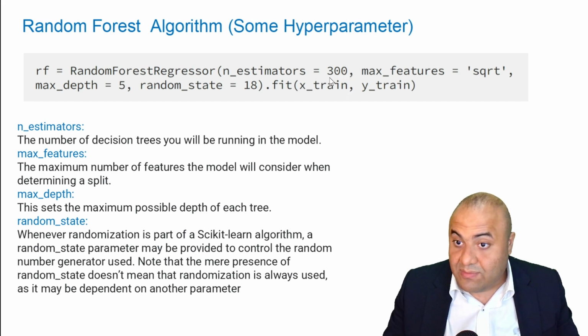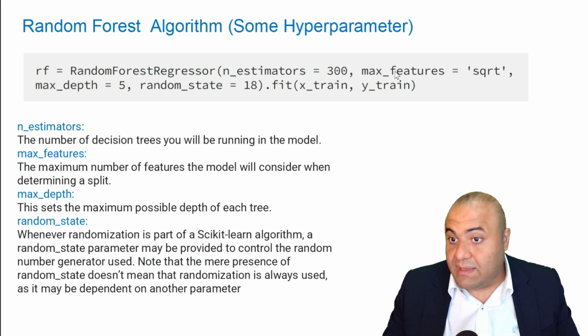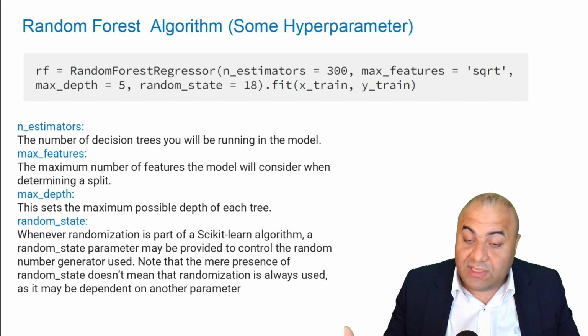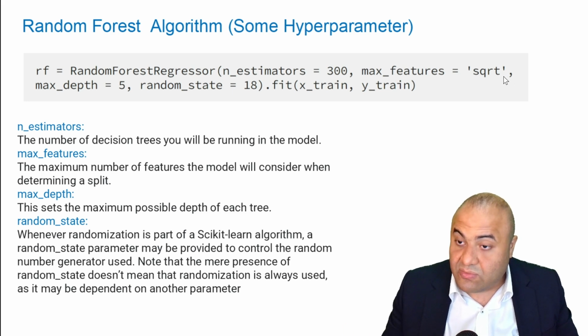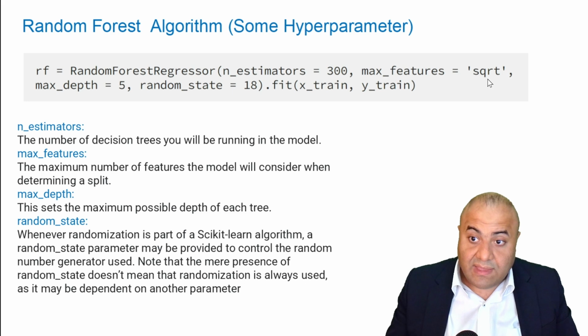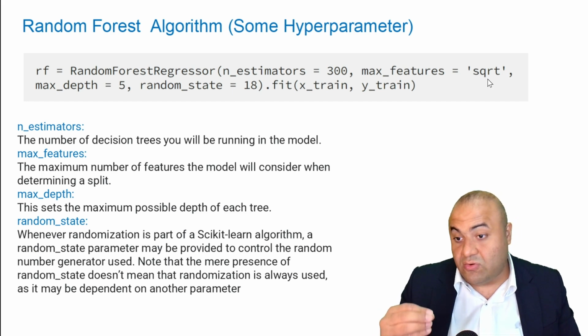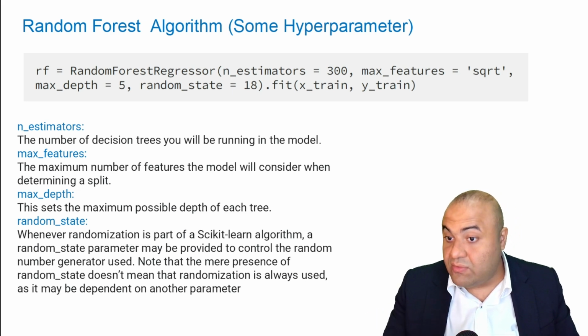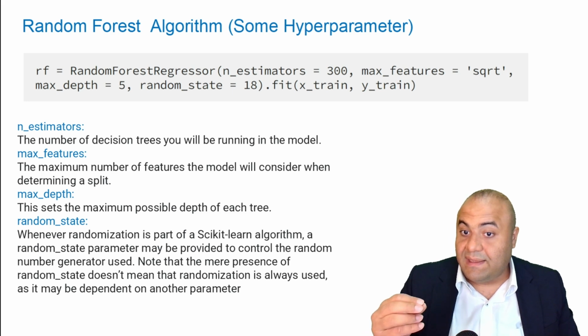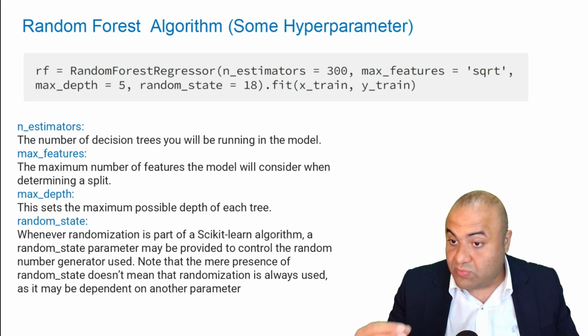Here we will put 300. Then max features: how many features we will take, and it's called square root. The square root means the number of features we use to construct these trees is the square root of the number of features we have.